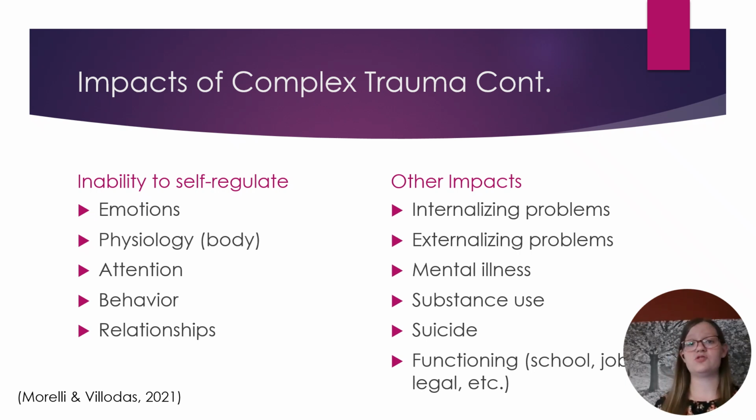Complex trauma can also contribute to the likelihood of developing mental illness or substance abuse, and it can also increase one's risk of suicide. And it can also contribute to poorer functioning in school or in jobs or even in the legal system, contributing to more people getting arrested or being on probation.